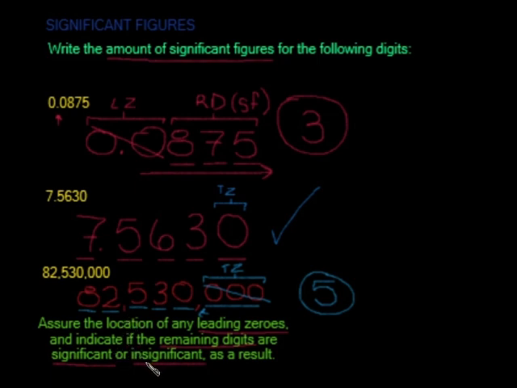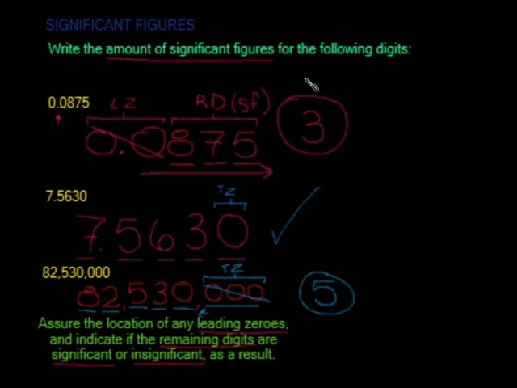We're talking about leading zeros or trailing zeros; for the third one, those 3 zeros are insignificant. To summarize, we assured the location of any leading zeros and indicated if the remaining digits are significant or insignificant as a result.